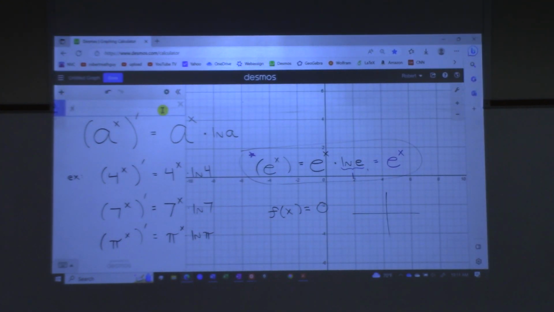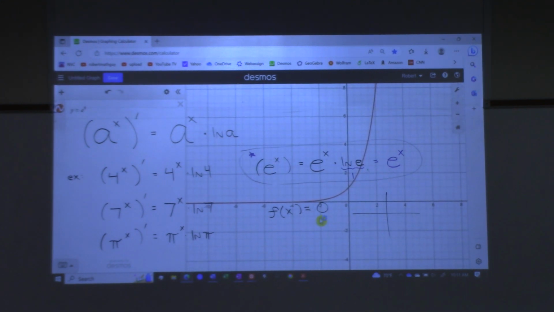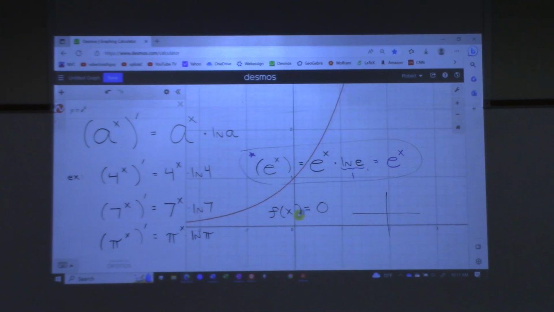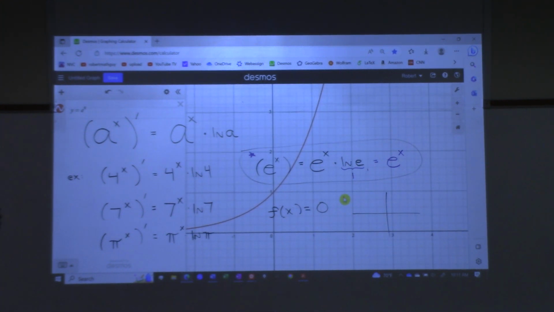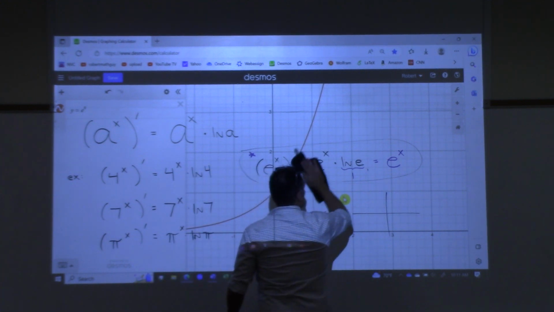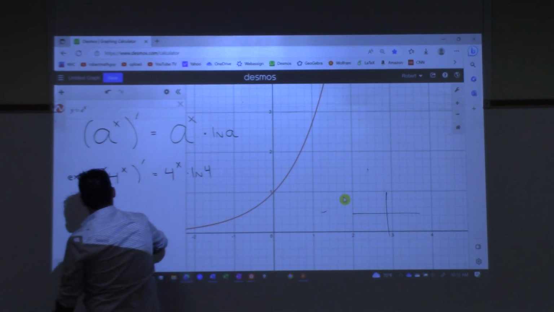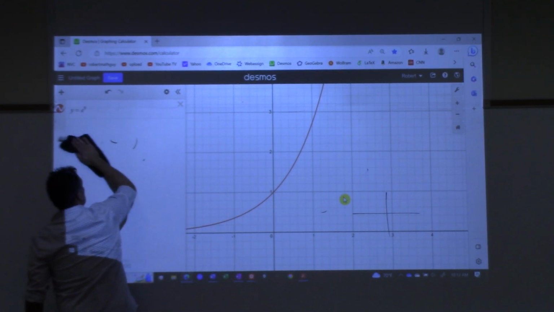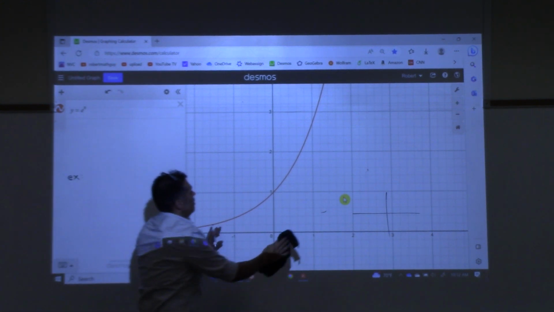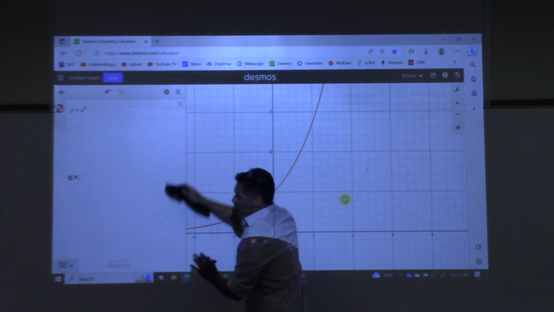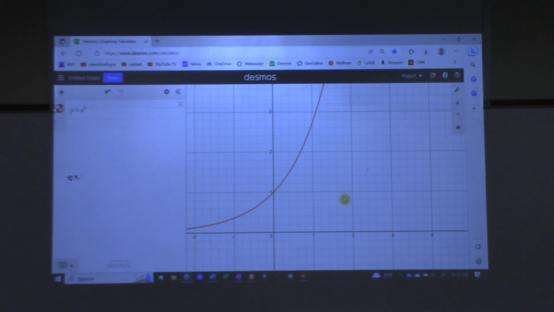Okay, I'm just going to have this graph, e to the x. I'm going to zoom in here a little bit. I'm going to plot some points on here for you. Okay, that's just the e to the x function, all right? Let me do this.